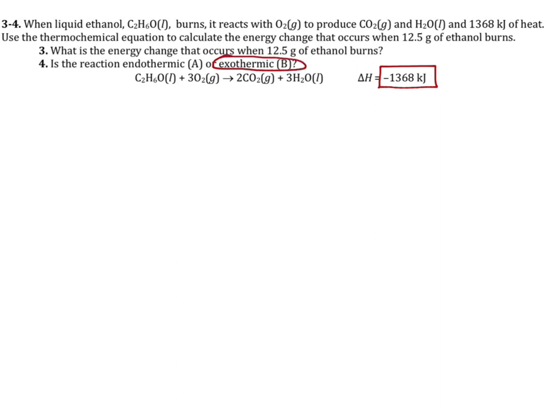All right, so this question says that we have 12.5 grams of the ethanol, which is the C2H6O, and it's asking how many kilojoules of this will be produced. All right, so what we do is we take our grams, and we can go from grams to moles, because once we know the moles, we can then go from moles to kilojoules, just like we go moles to moles.